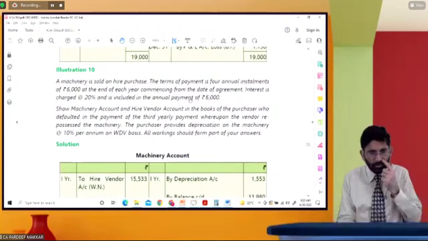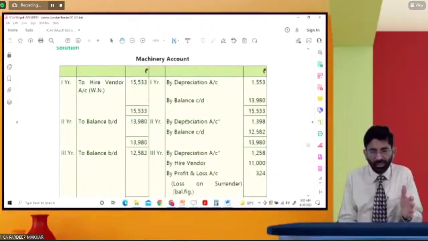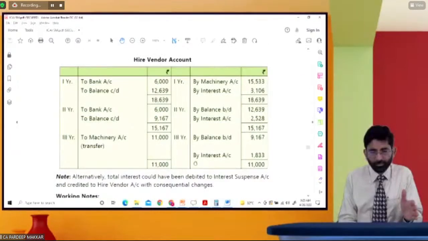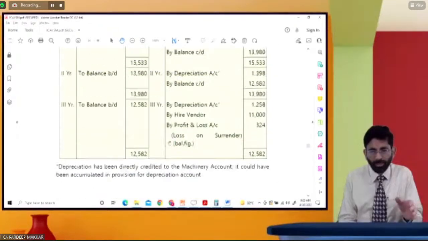So whatever is left in our asset account, we will pass an entry by hire vendor account. Whatever is the balance figure will be transferred to P&L account. You may see that here interest of the third installment is charged and the total value of the machinery taken over is 11,000. So by vendor account 11,000, depreciation is charged for the period whatever is there.